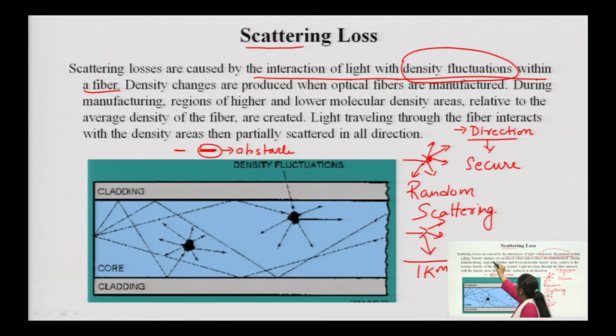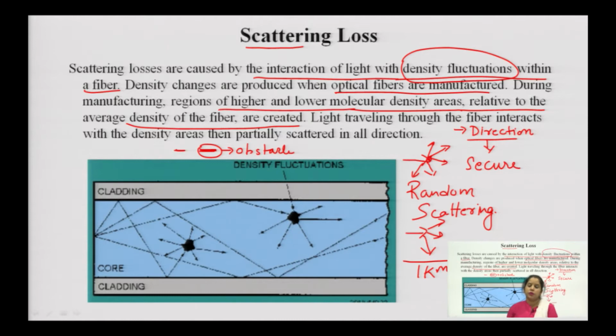So, how are density changes produced within the optical fiber? Optical density changes are produced when optical fibers are manufactured. During manufacturing or fabrication, regions of higher and lower molecular density relative to the average density of the fiber are created.